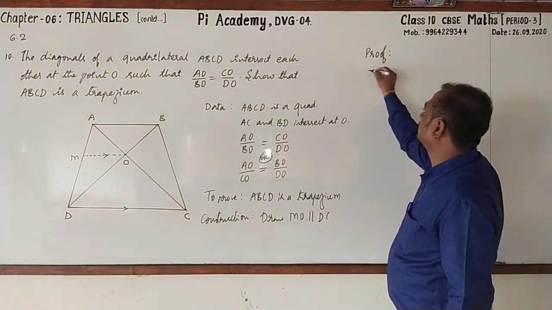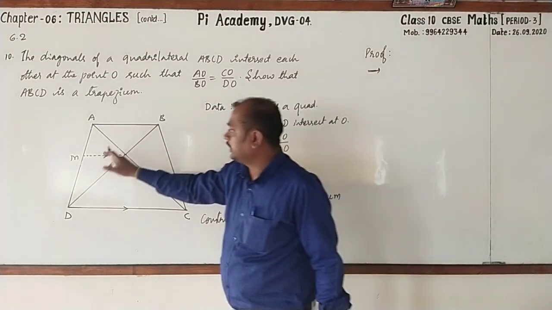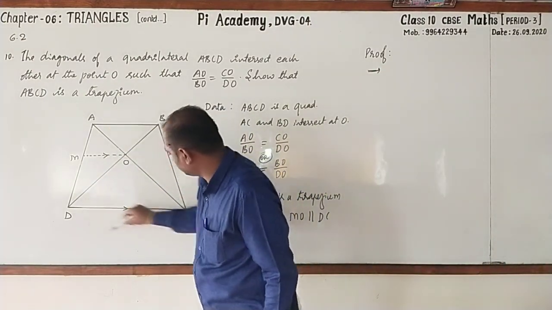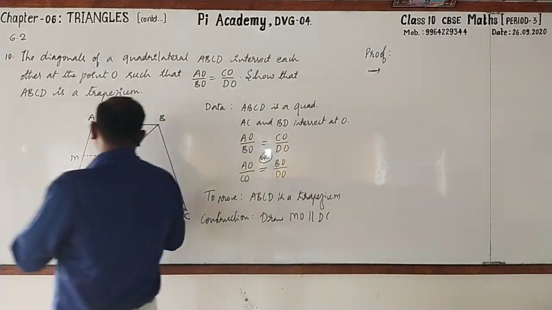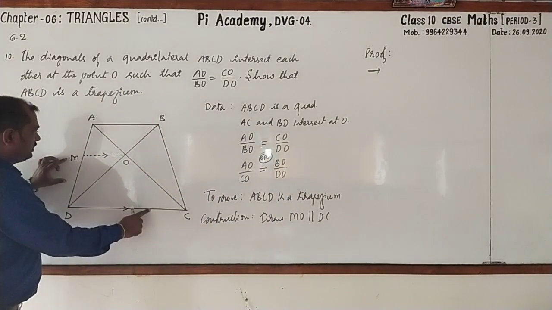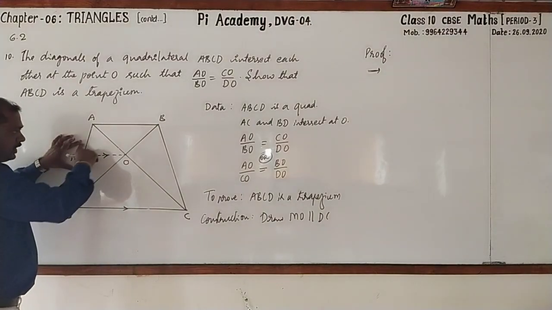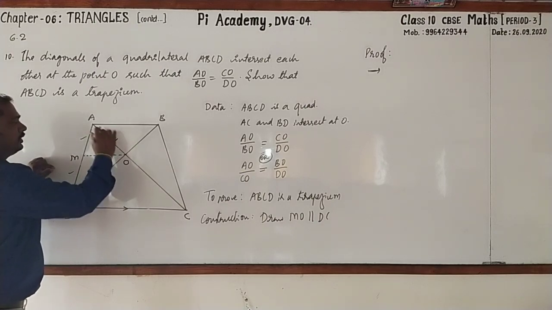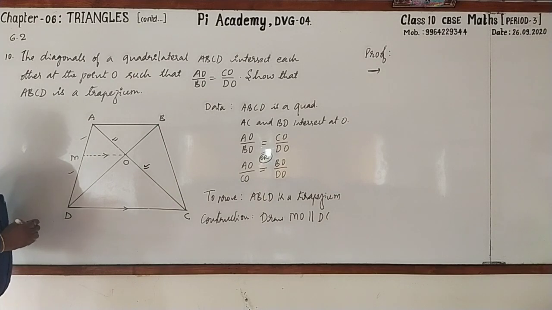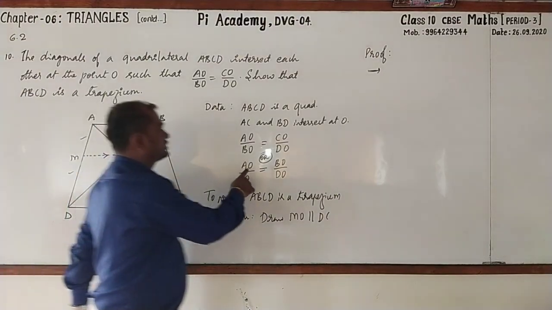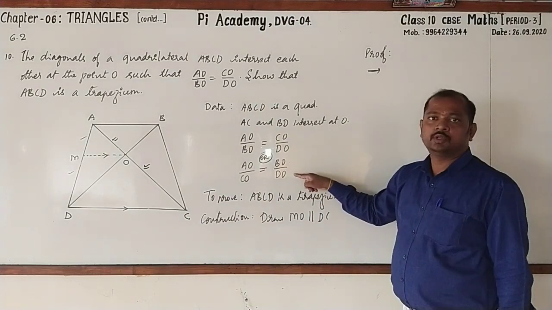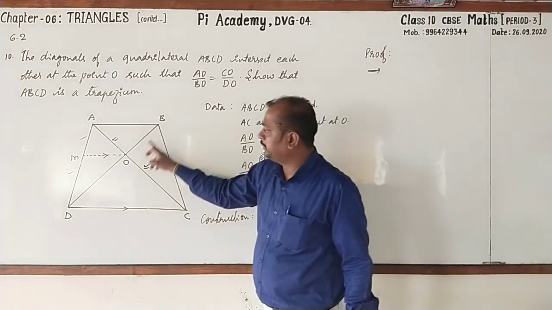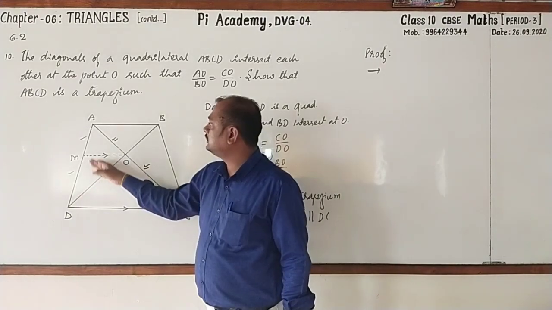How do you go for that? Look here. As it is parallel to DC, can we go for taking the triangle ADC? In this triangle, MO parallel to DC, observe carefully. Here, this ratio AM by DM is equal to AO by CO, right? Then we know that AO by CO is also equal to BO by DO. Hence, this will be parallel to AB.